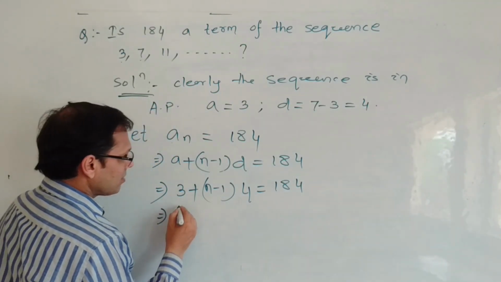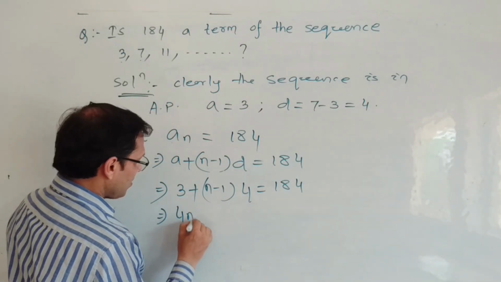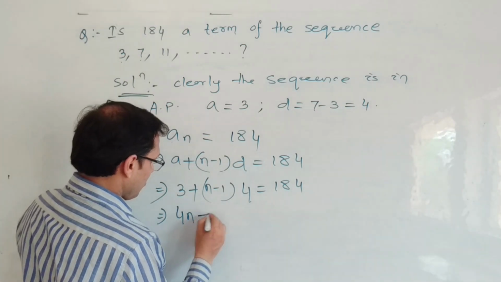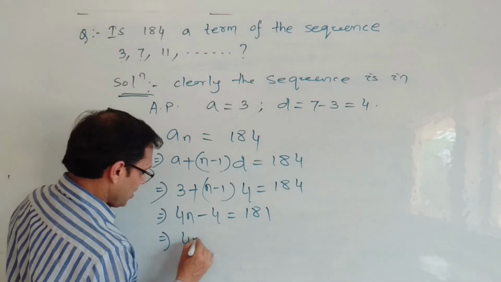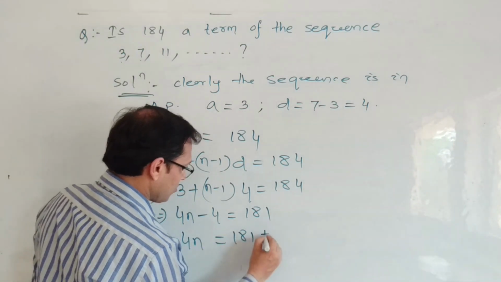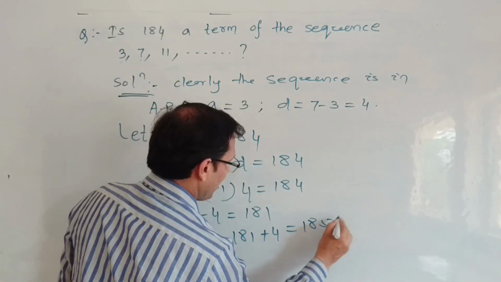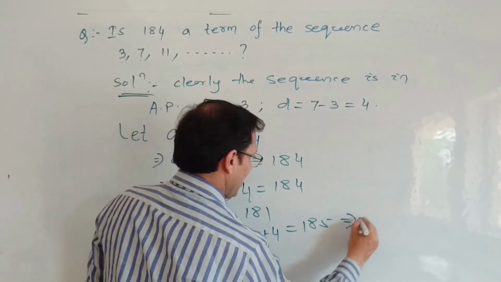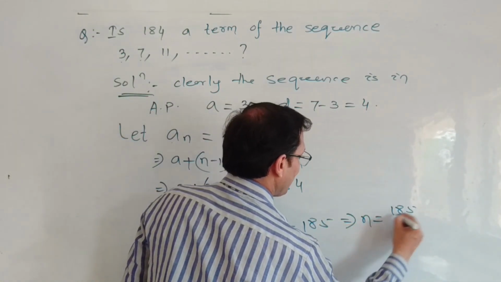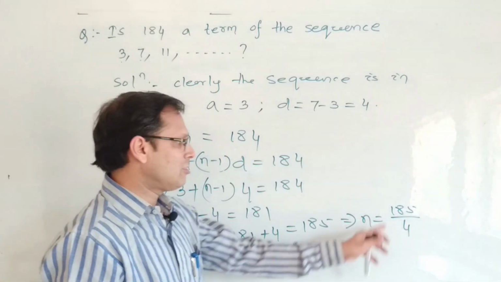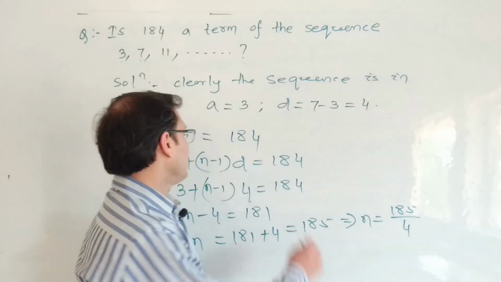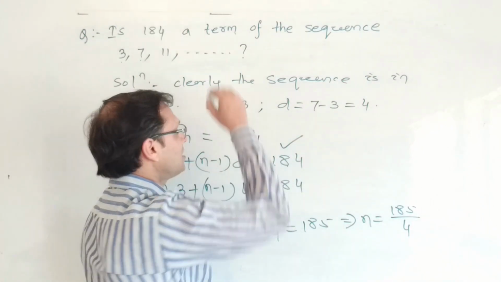Or in other words, 4n minus 4 is equal to 181, or 4n is equal to 181 plus 4, that is 185. That implies n is equal to 185 by 4, which is not a natural number. If this is a natural number, then it is a term of the sequence.